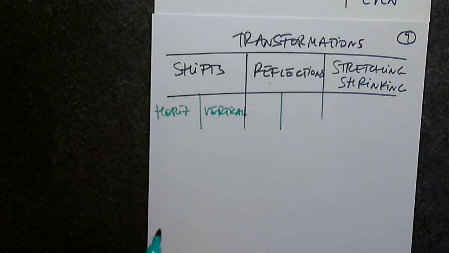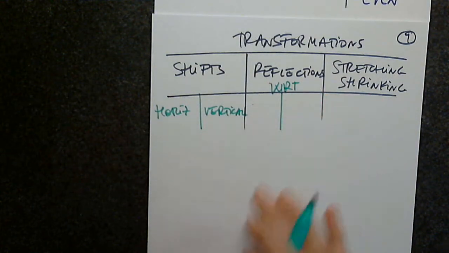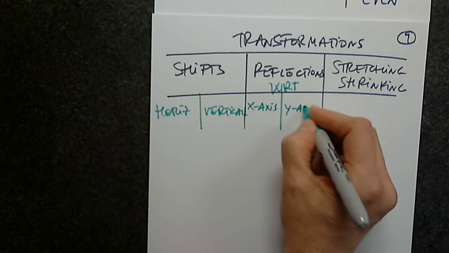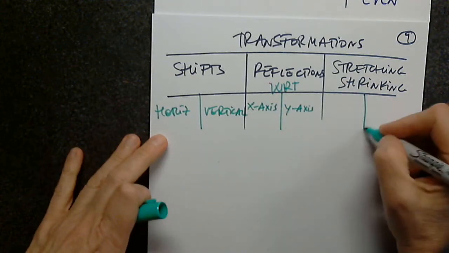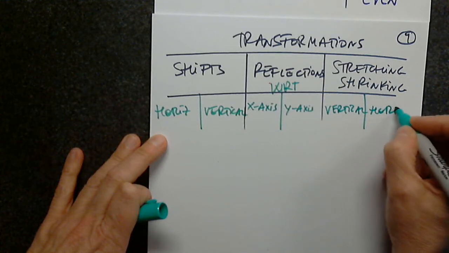Reflections, two types, with respect to the x-axis, y-axis. One more time. Shifts, two types, horizontal, vertical. Reflections, they can be with respect to the x-axis or with respect to the y-axis. Stretching and shrinking, vertical, horizontal.